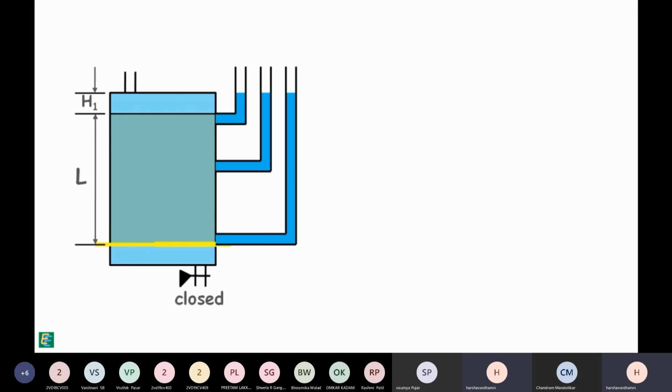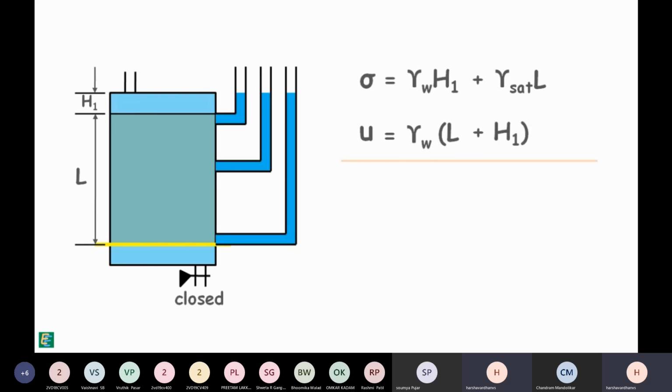Similarly, at the bottom of the soil sample, total stress because of water, gamma w h1, and because of saturated soil, gamma sat multiplied by capital L, length of the soil sample. Pore water pressure because of this whole water above, gamma w multiplied by the height of the water column, which is length of the soil sample L plus height of the water above, h1.